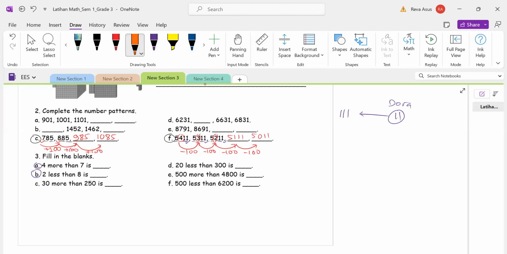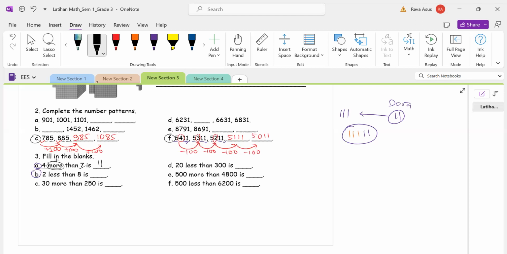Now, my pens became 3 plus 2. It became 5. So, every time we have more, it means it's supposed to be plus. So, at first we have 7. Getting 4 more, it became 11.